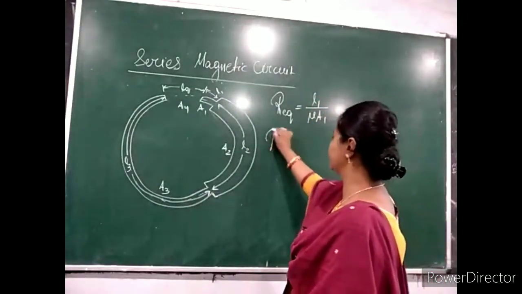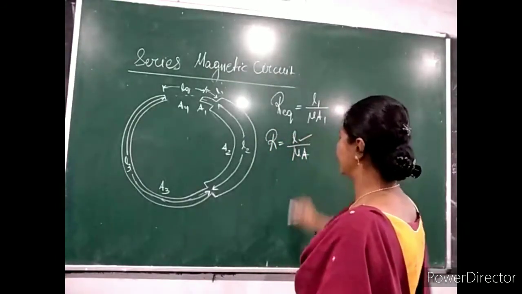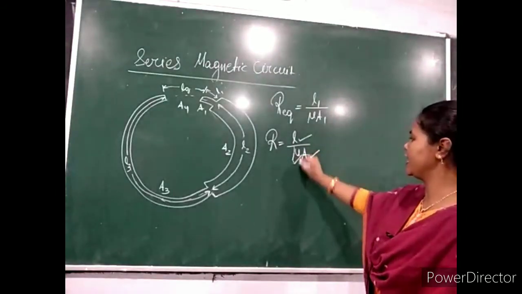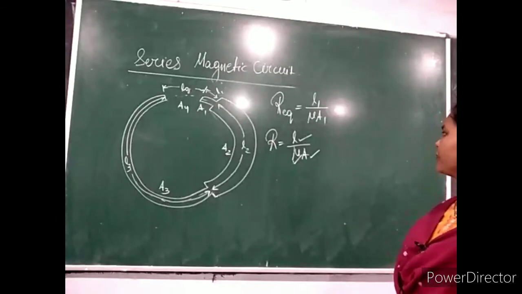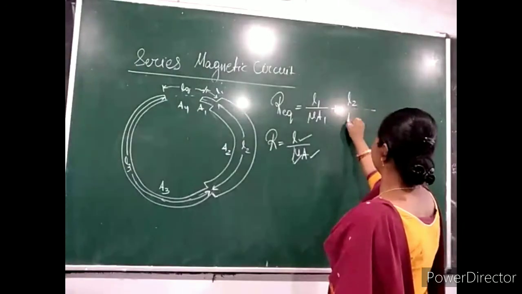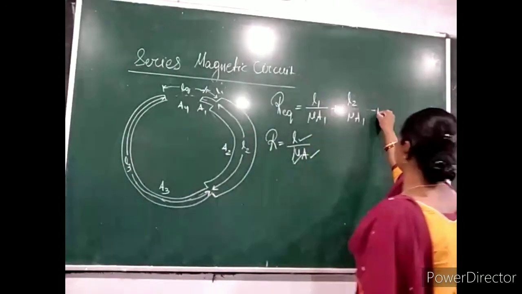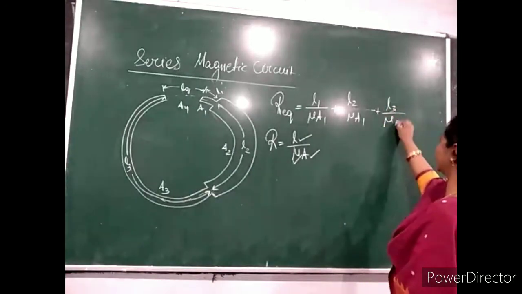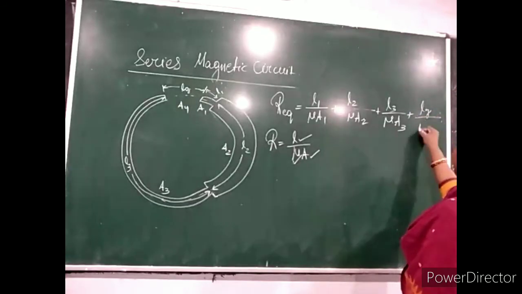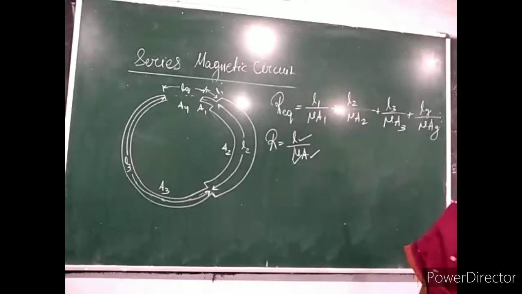As you know, the reluctance formula is L by mu A, where L is the length of the magnetic material, A is the cross-sectional area and mu is the permeability. Plus the reluctance of the second magnetic path, then the third magnetic path, then the air gap. This is the formula for finding the total reluctance of the circuit.